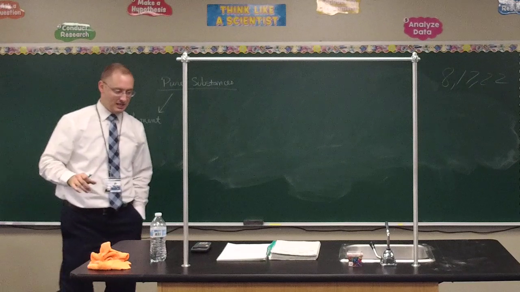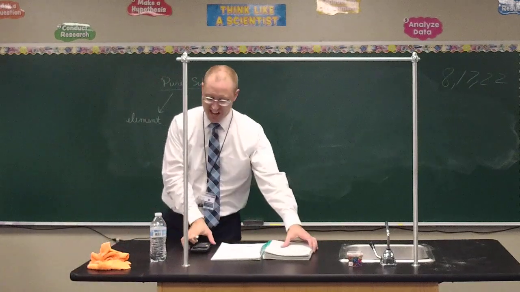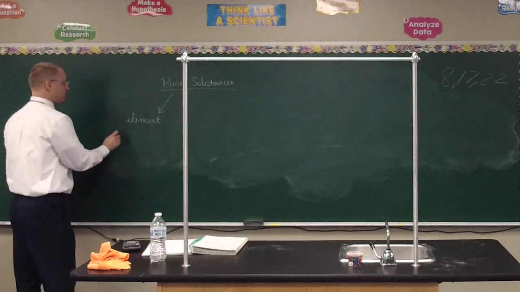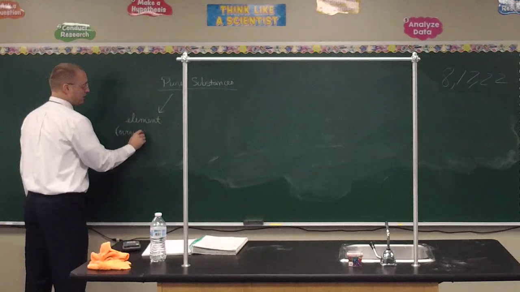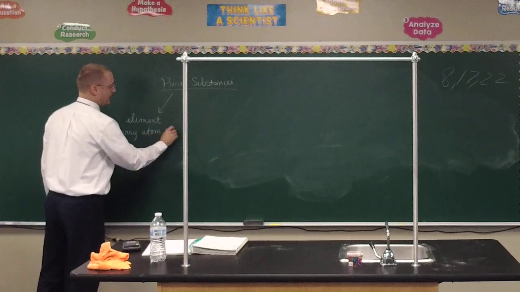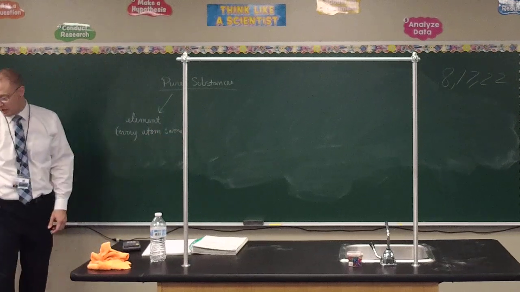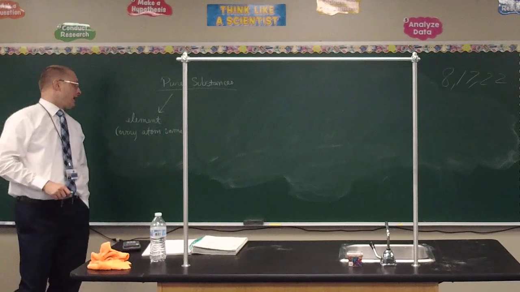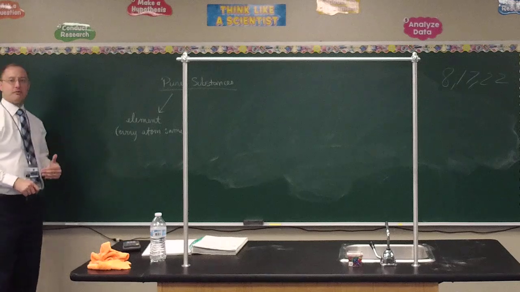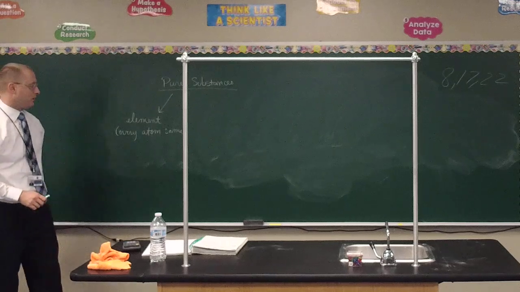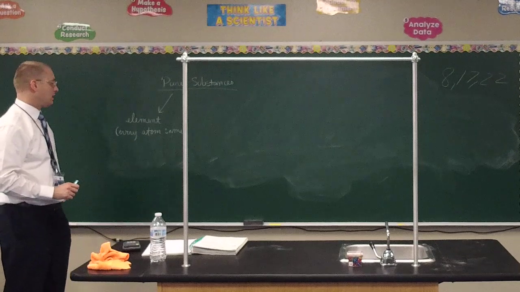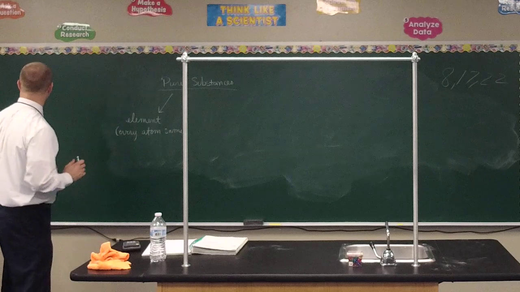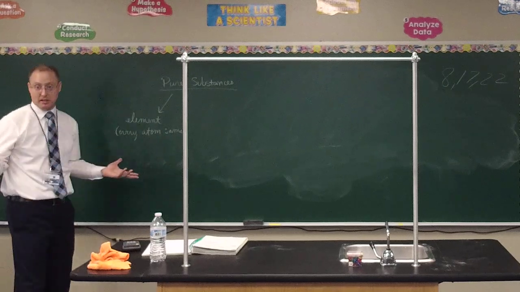An element is defined as a pure substance in which every atom is exactly the same, and therefore it cannot be broken into a simpler substance. Basically, if you have pure anything on the periodic table, you have an element because it's a table of elements.